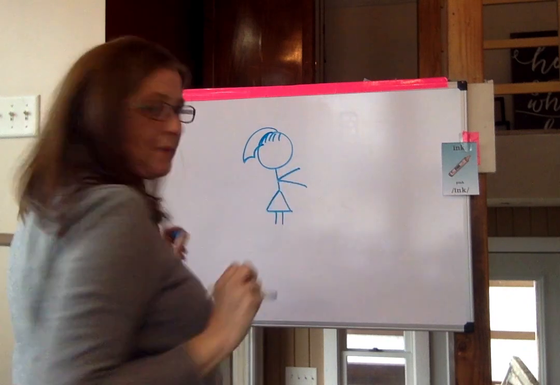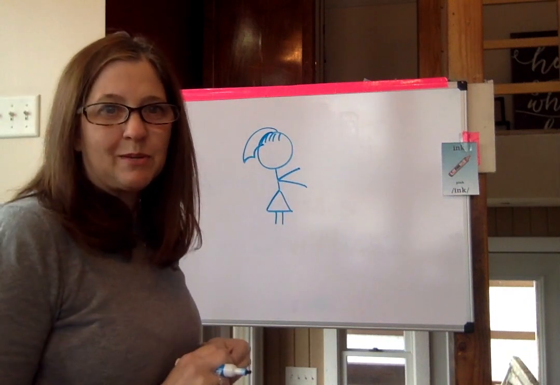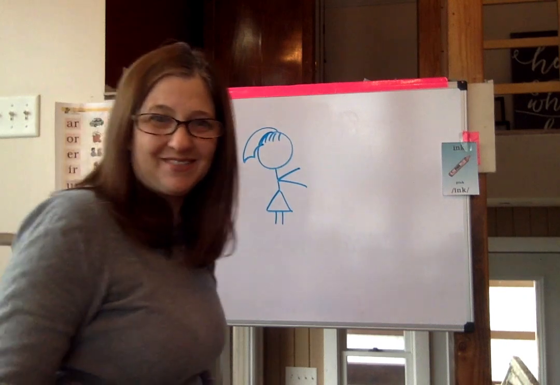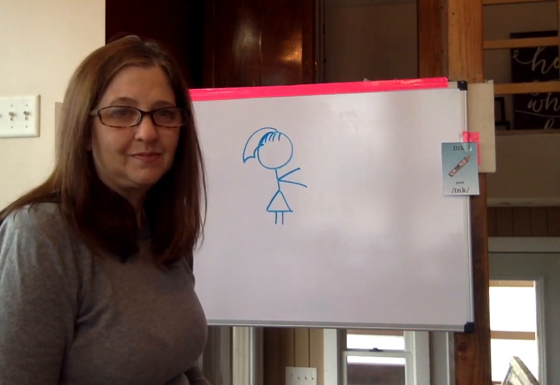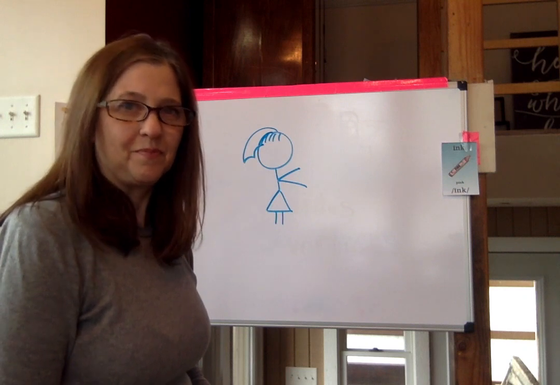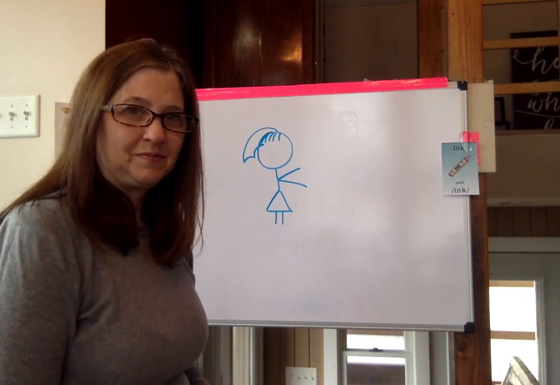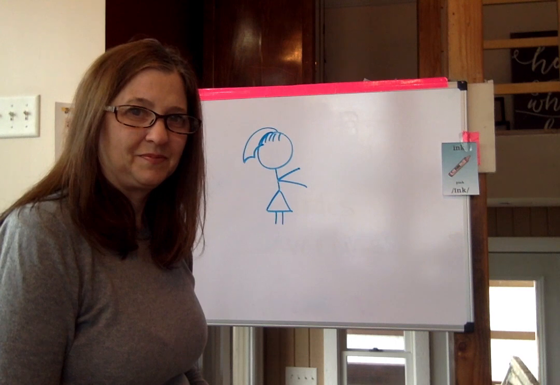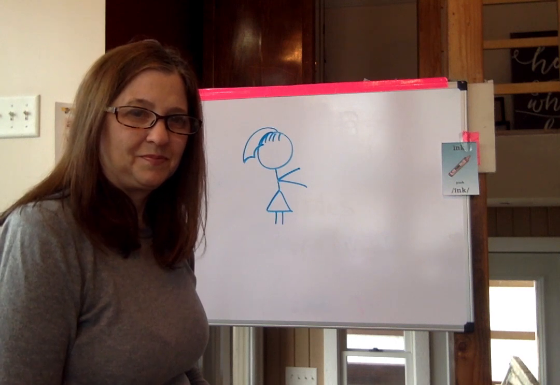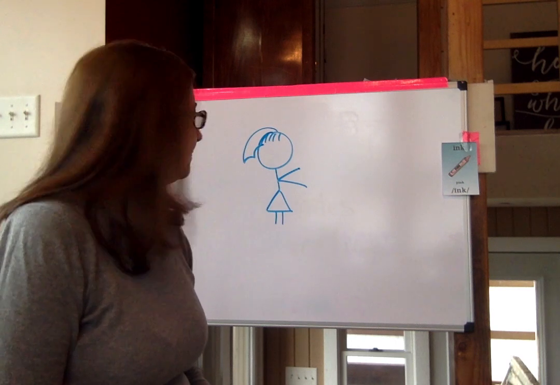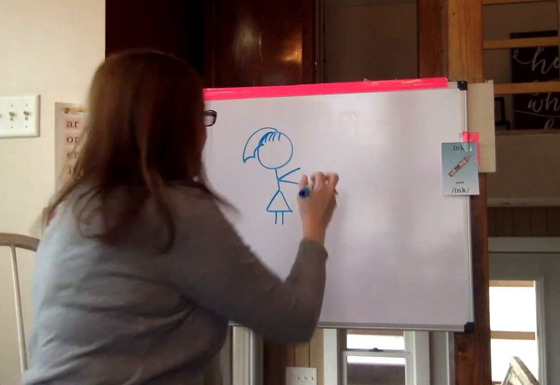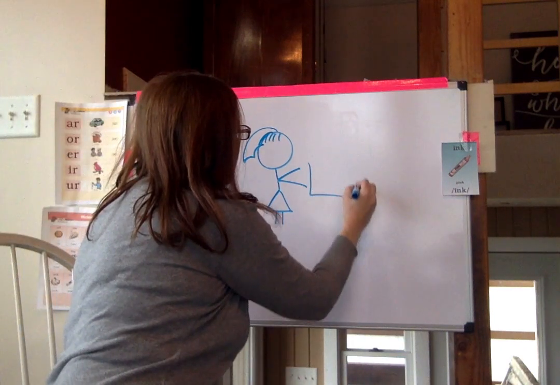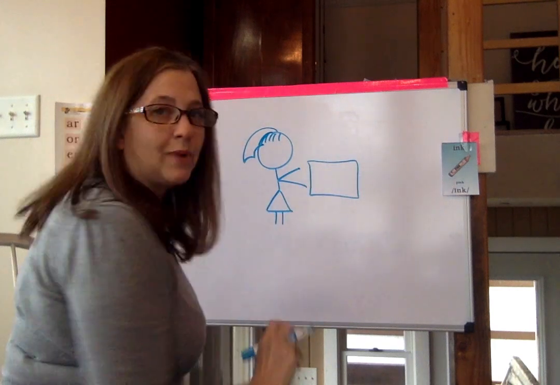Now I'm going to put both of my hands forward because I'm going to be washing my hands in the sink, right? So go ahead and draw yourself. And then I'm going to draw a rectangle.